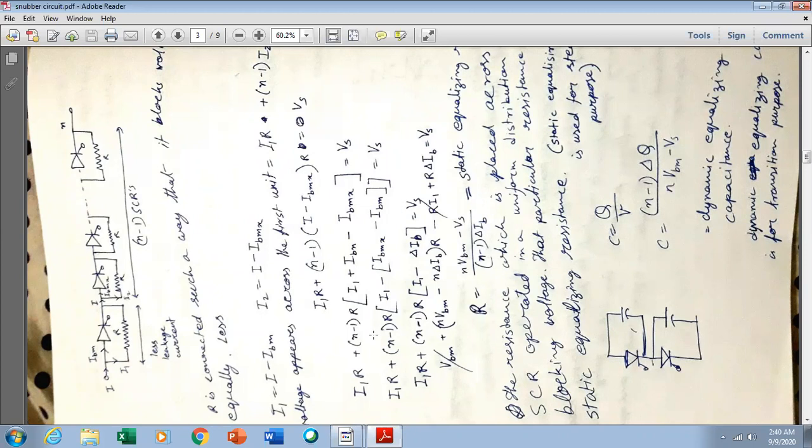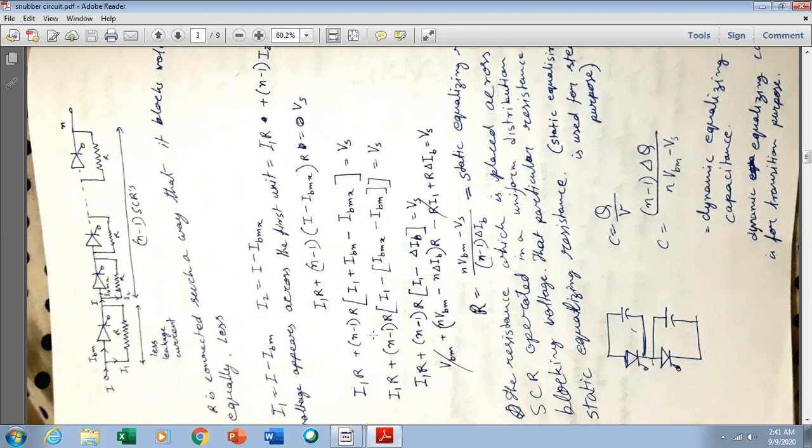Next, the output from the first SCR and resistance combination is I, the input current given initially. Now again this is breaking into two parts, IBMX and I2, and the resistance R in parallel with the SCR.